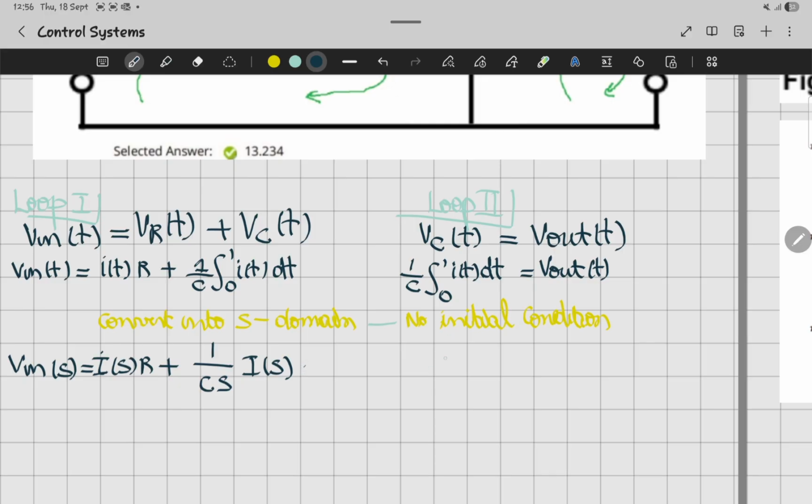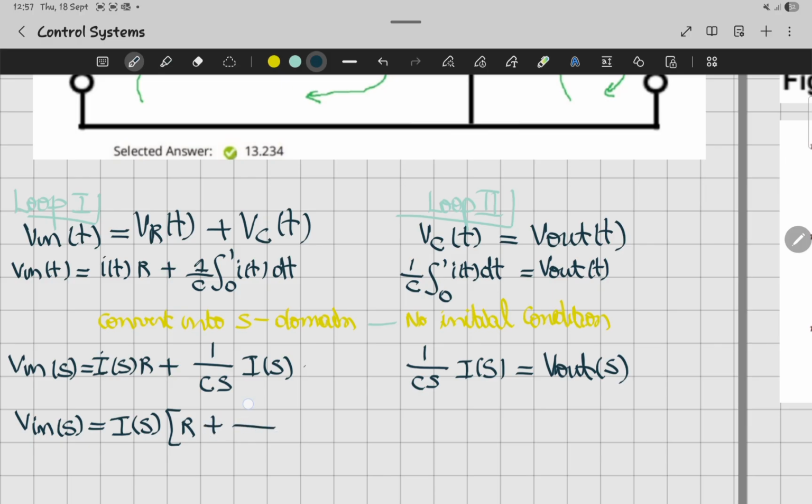And this side is going to be similar: 1 over CS I(s) equals V out(s). Then we're going to solve for the current from the first loop, with 1 plus CS.